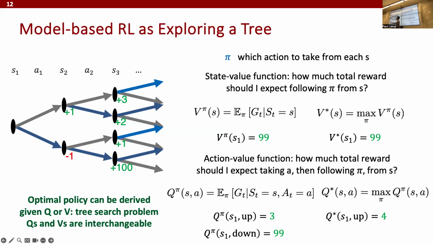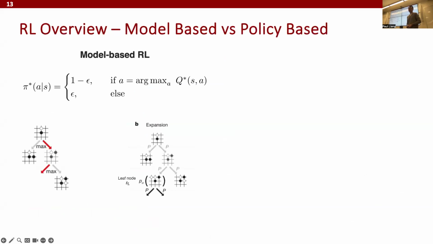You're basically going to try to traverse your tree, and each time you're going to find the action that maximizes either your V of S or maximizes your Q of S, A. So basically, your tree search problem. Also, another point is that these Qs and Vs are interchangeable. If you have one, you can also derive the other. Great. So that's briefly model-based RL.